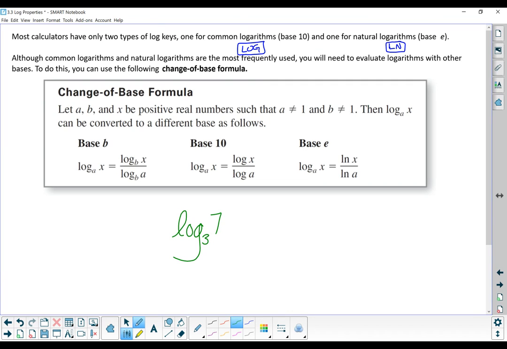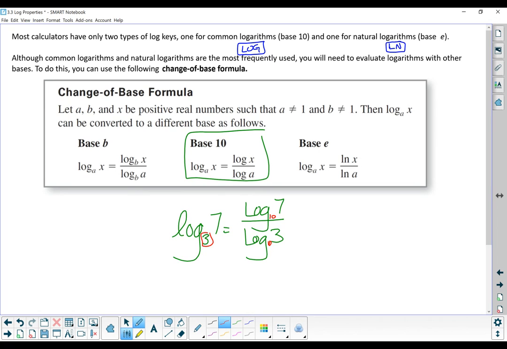There's no button for log base 3, so we could use a base 10 logarithm. In our calculator, we could evaluate the log of 7 divided by the log of 3. That's called changing the base because our original log was in base 3, and now we have base 10 logs that our calculator can handle.